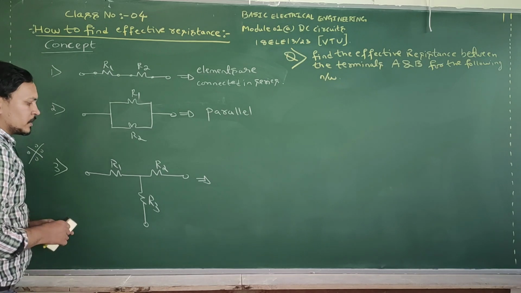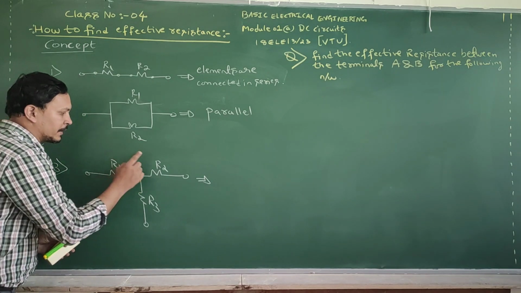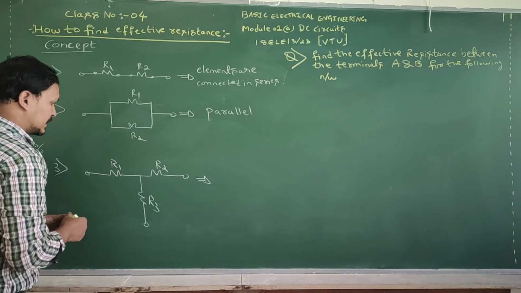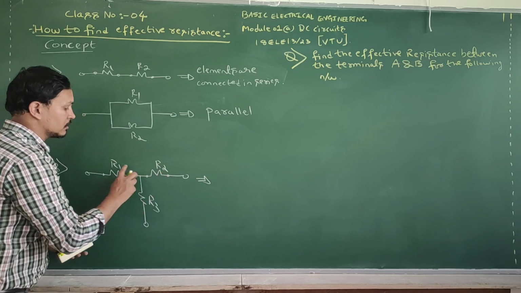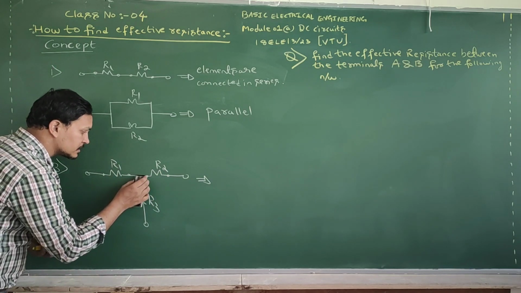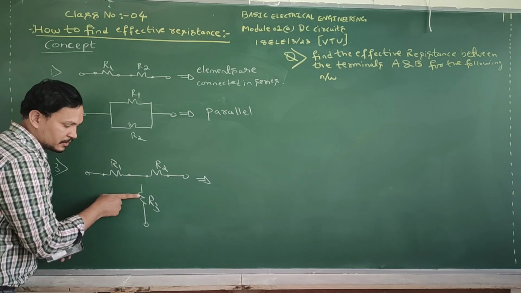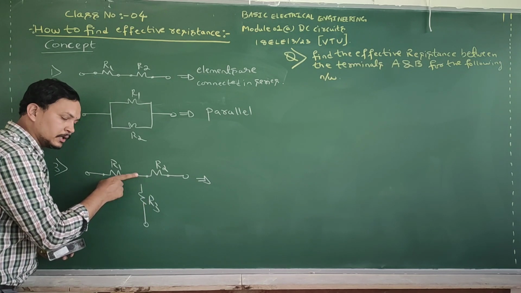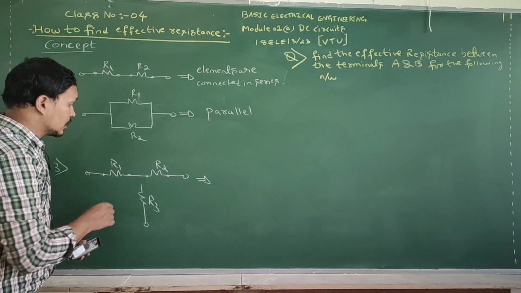Then only you can say the elements are connected in series. Okay, got it? So now, look at here. If you decided R1 and R2 are connected in series, yes, they are connected in series, as there is no interruption for the end-to-end connection. If R3 resistor is not connected here, then you can decide R1 and R2 are connected in series.